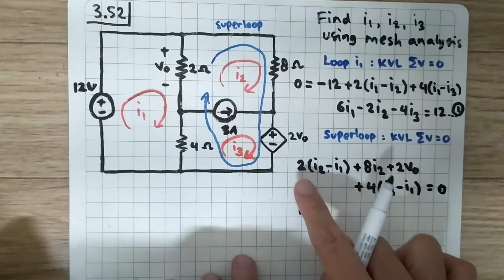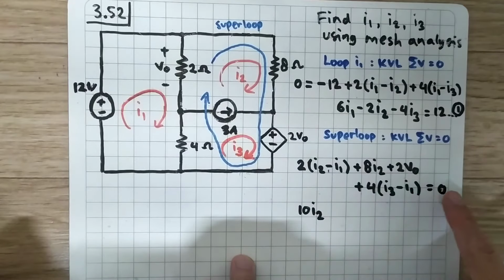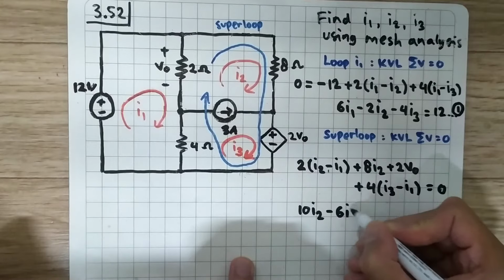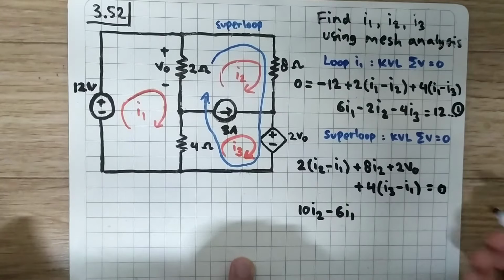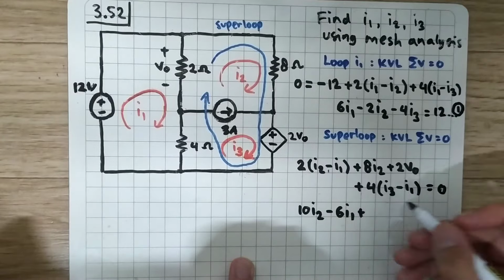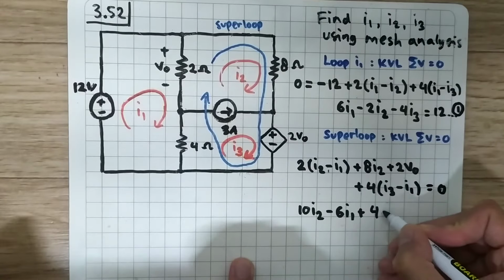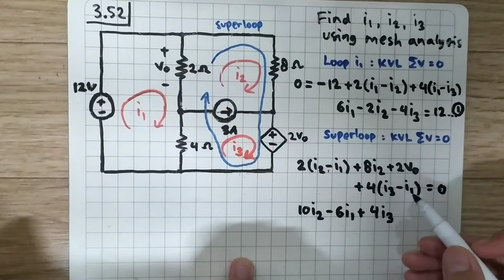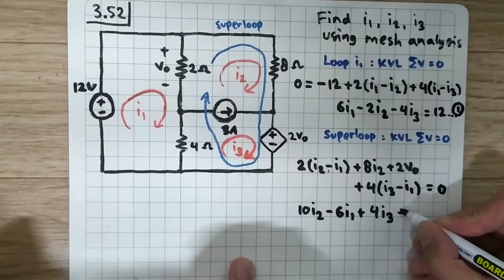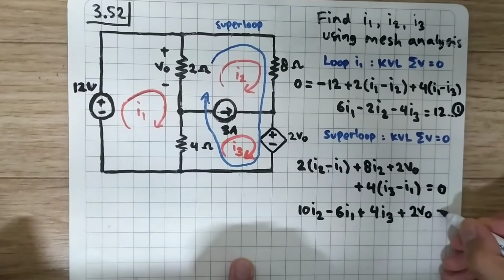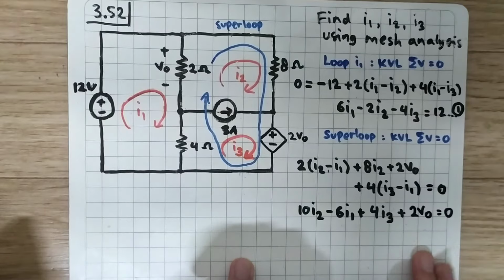Oh, sorry, here minus 2 and minus 4, so I will have minus 6I1. And then for I3, I will have plus 4I3. And for V0, the only V0 left is that one, and it will equal 0.